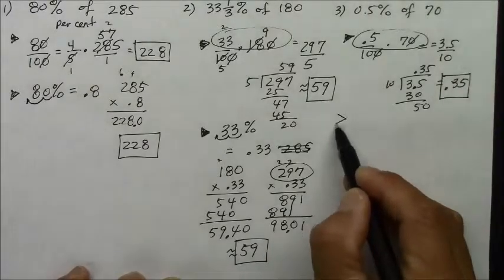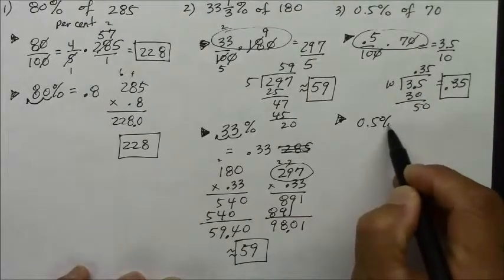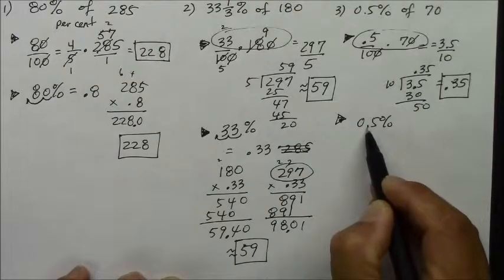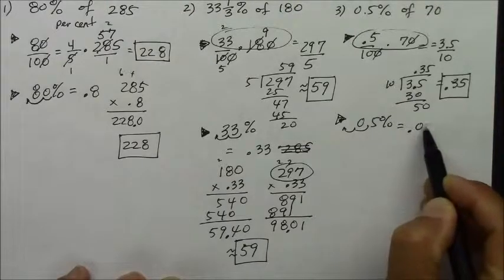Well, what would happen if you tried the decimal form? Well, 0.5%, if I make it into its decimal, it'll be, well, to the left, 1, 2. So that becomes 0.005.